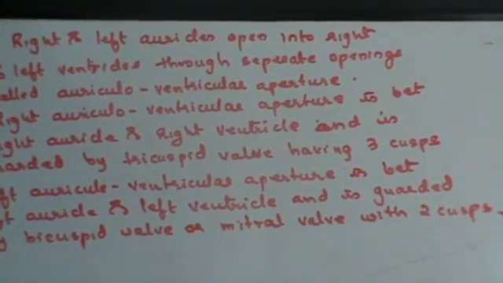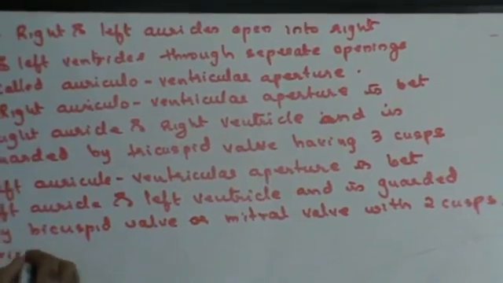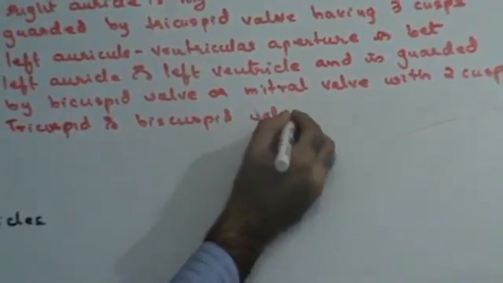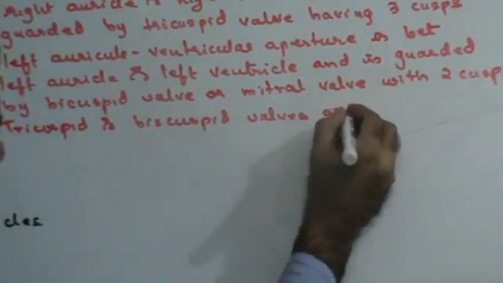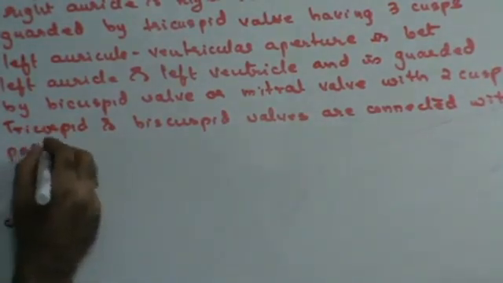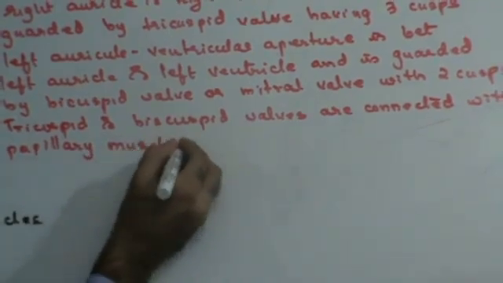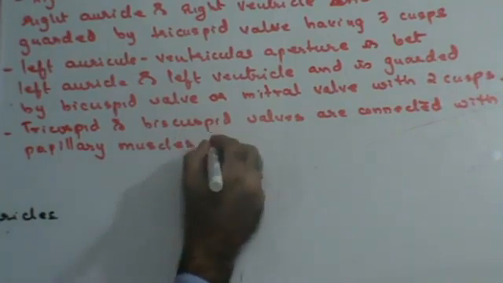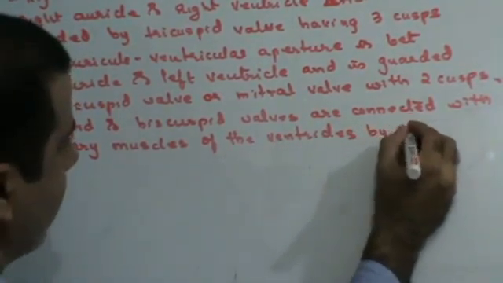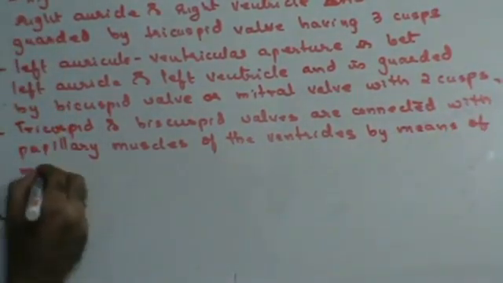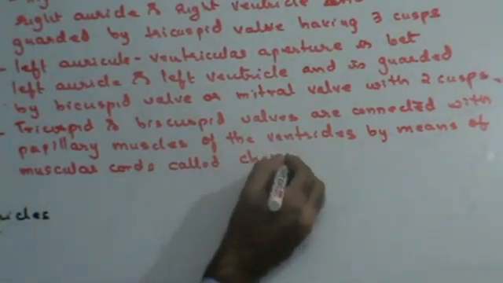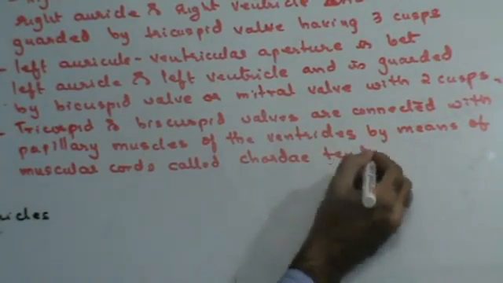Right? The tricuspid and bicuspid valves are connected with papillary muscles of the ventricles by means of muscular cords called chordae tendineae.